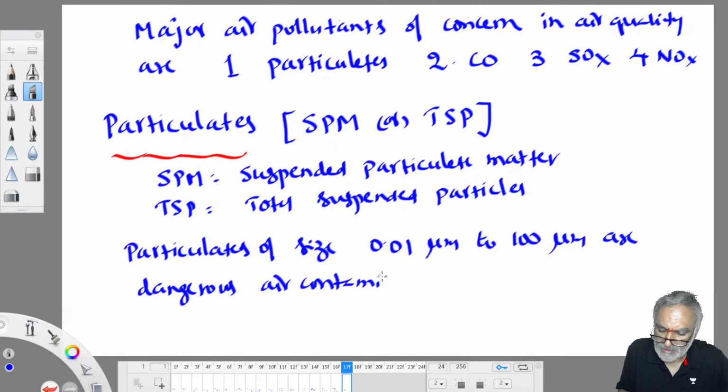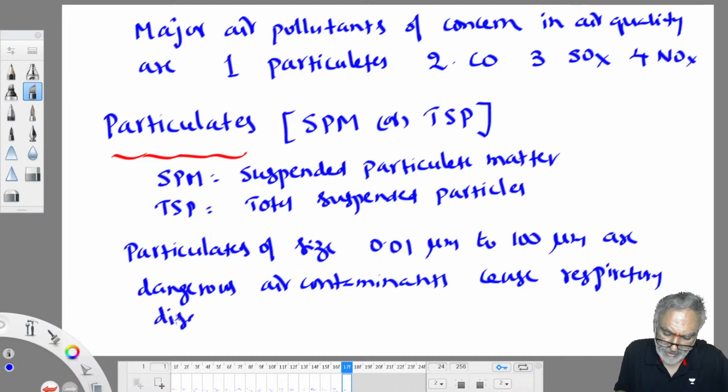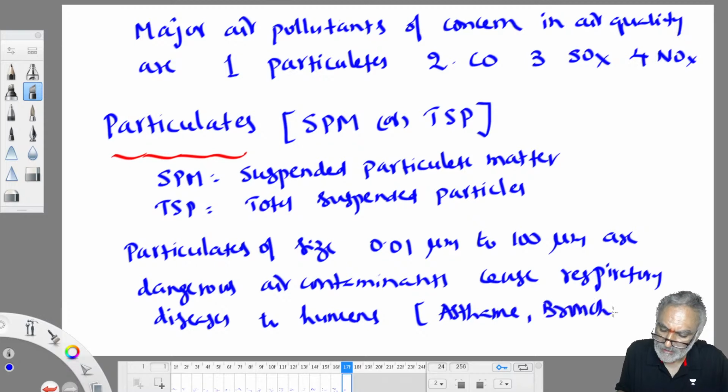These particulates cause bronchial and respiratory diseases to humans, such as asthma, bronchitis, etc. That's why we are concerned about them.